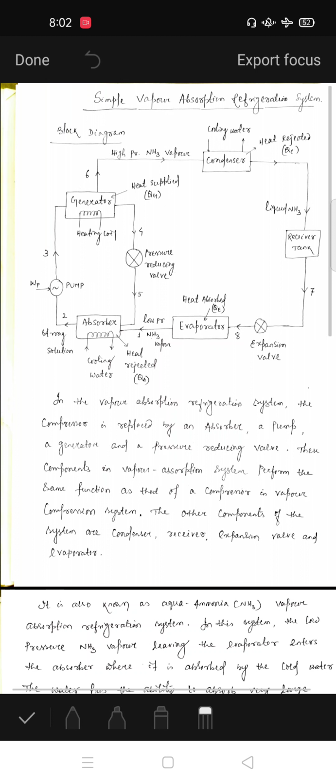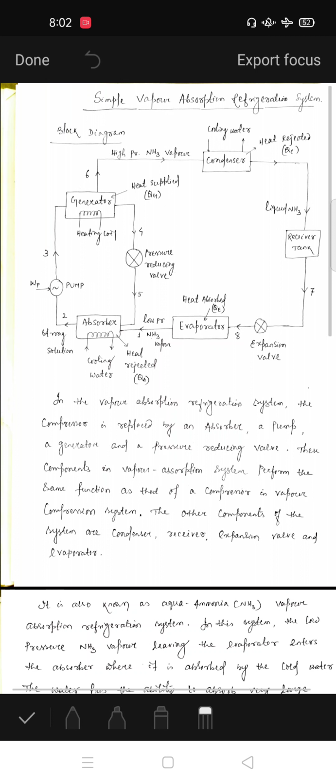So students, you can see here in the picture the block diagram of a simple vapor absorption refrigeration system. What is the basic difference between vapor compression and vapor absorption refrigeration system?